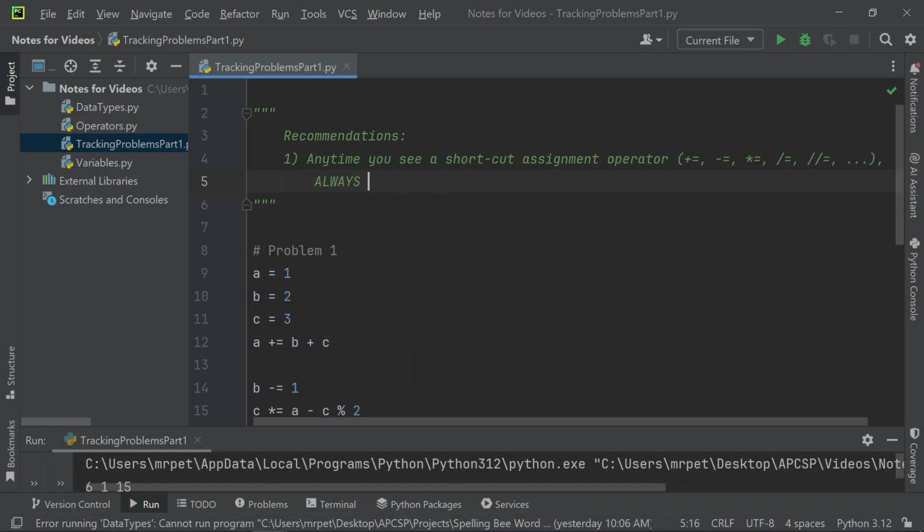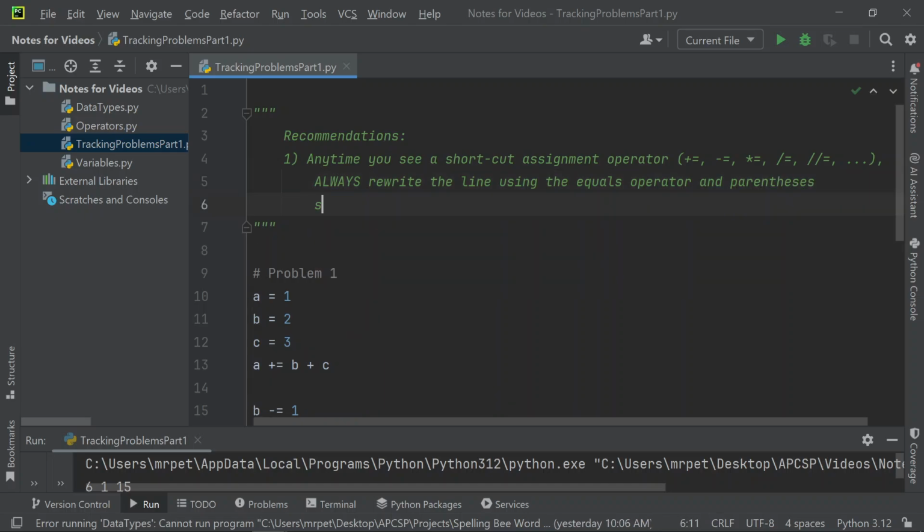always rewrite the line using the equals operator and the appropriate operator, and parentheses surrounding the right hand side of the equation.